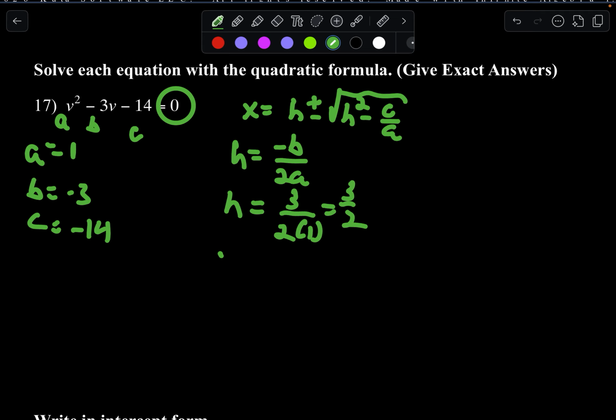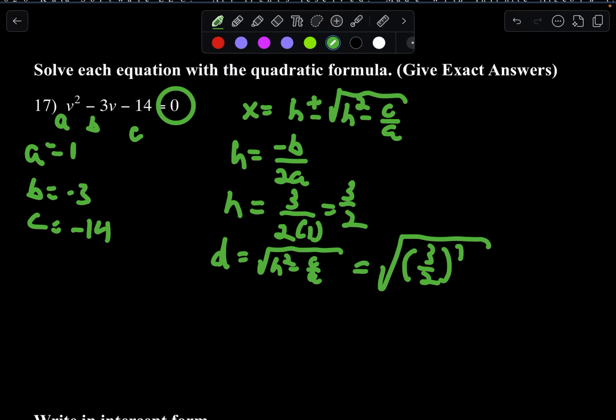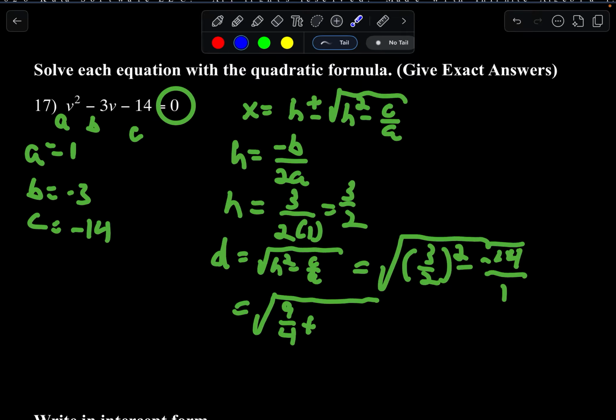And then d, which is the square root of h squared minus c over a, is the square root of 3/2 squared minus c, and c was negative 14, so minus a negative 14, over a, which is 1. So this equals the square root of 9/4 plus 14, because minus a negative is plus. Pay attention.